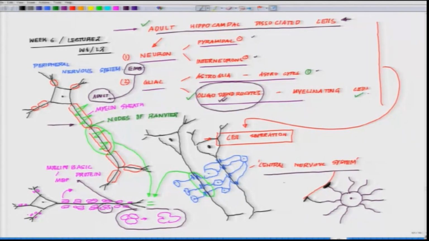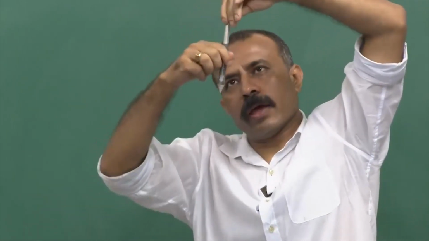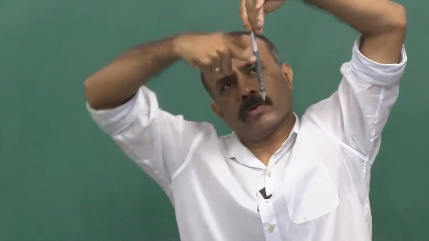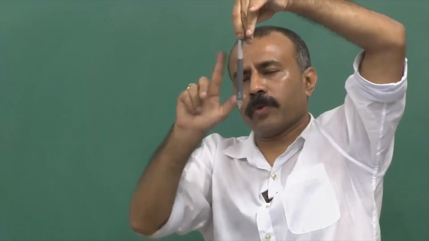So, if there is another oligo coming from the other direction, it will form a sandwich. Just imagine, in between there is a process going on, and from here something like this, and from the other direction something like this. Okay.